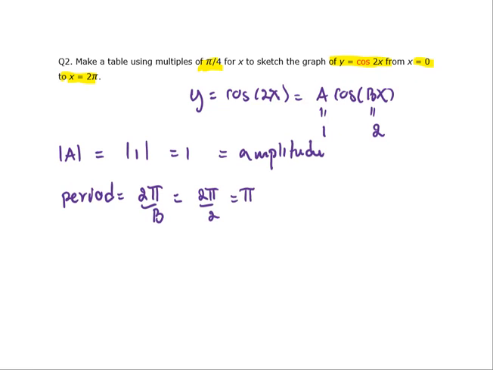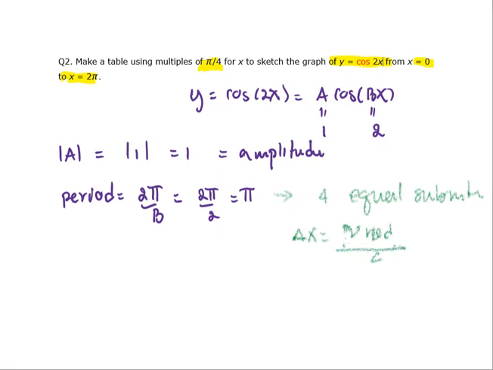To sketch the graph, we're going to consider 4 equal subintervals, or break the whole period of one cycle into 4 equal subintervals. The increment is delta x, which is the value of the period divided by 4.